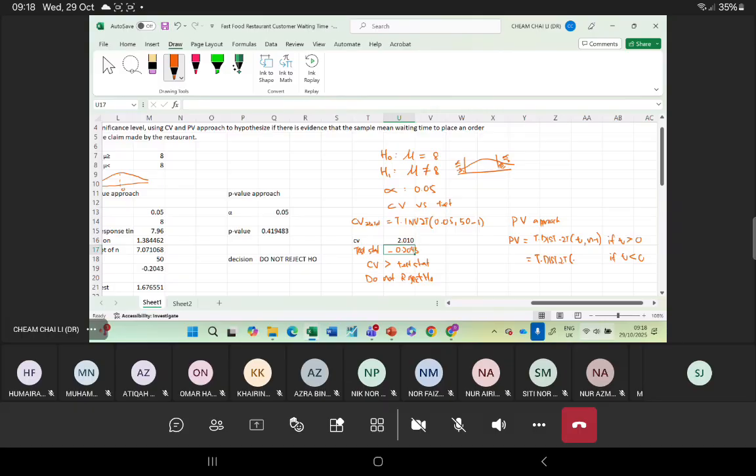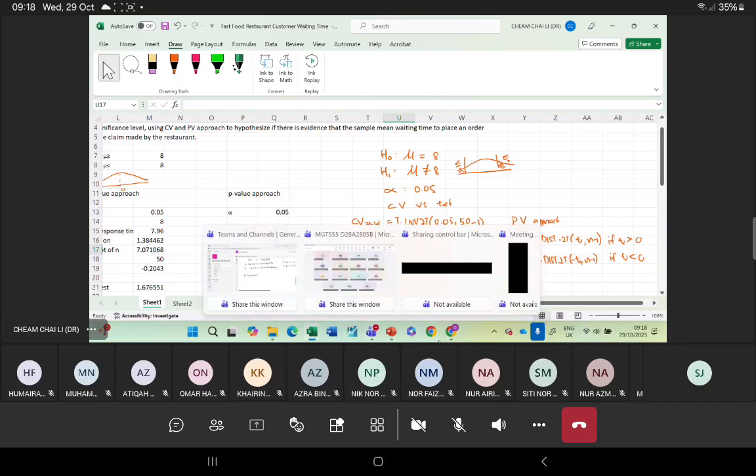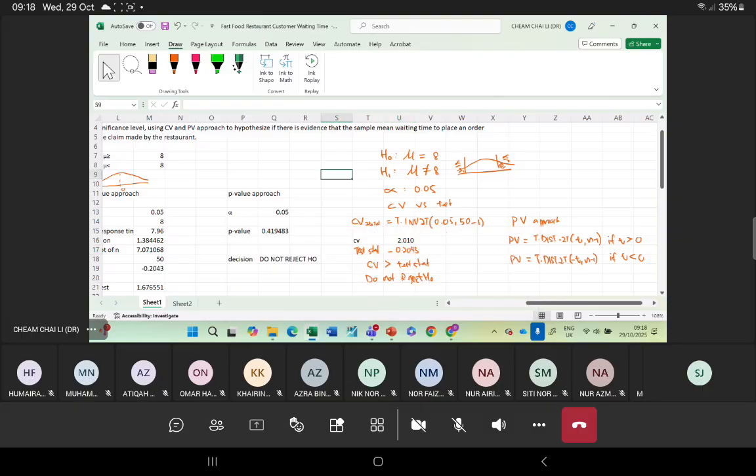We're gonna put negative t, degree of freedom and minus 1. Right, so in this case, kita punya test statistic is negative, right? So kita kena guna this function. We need to use this one.